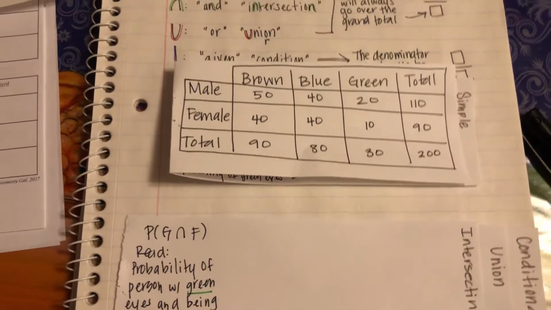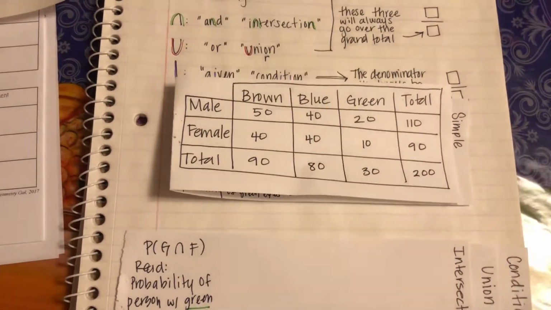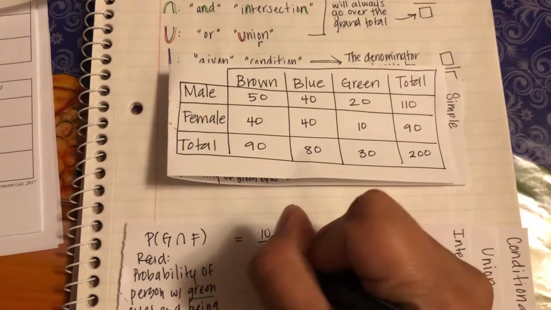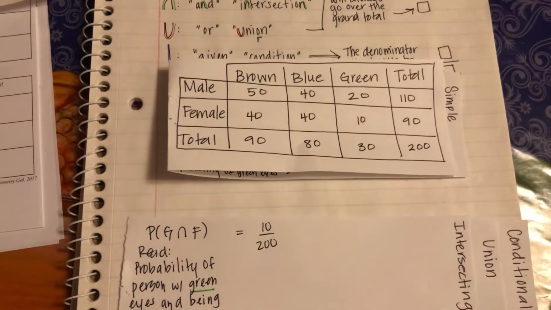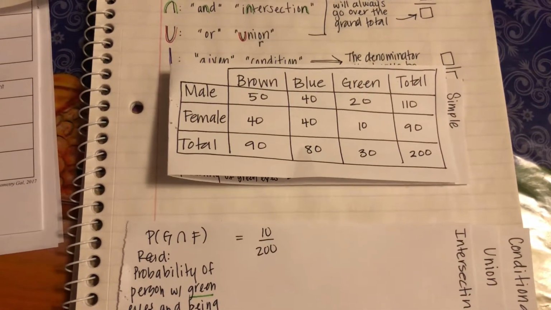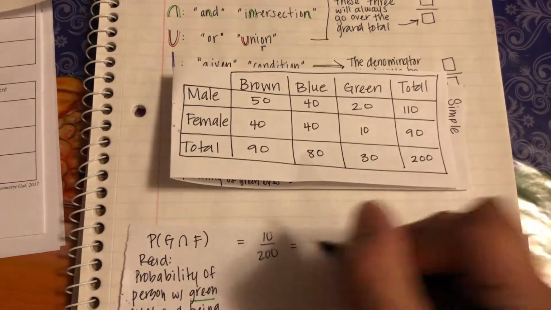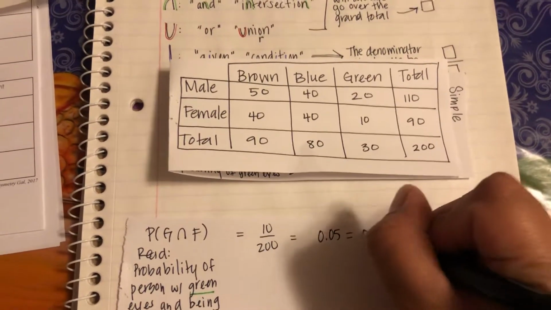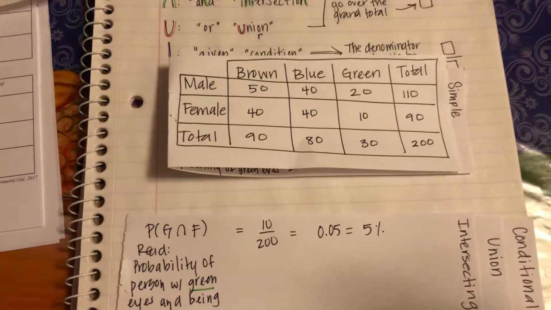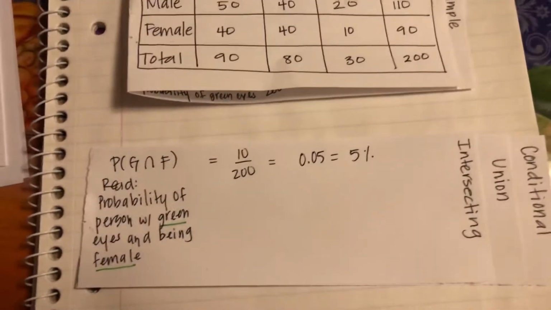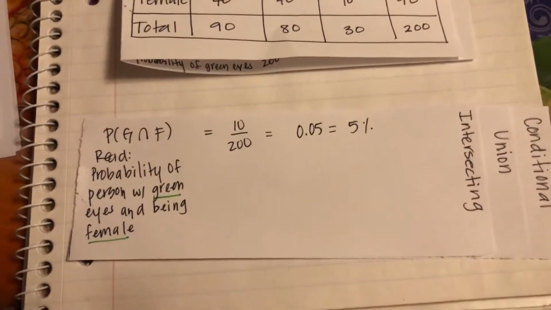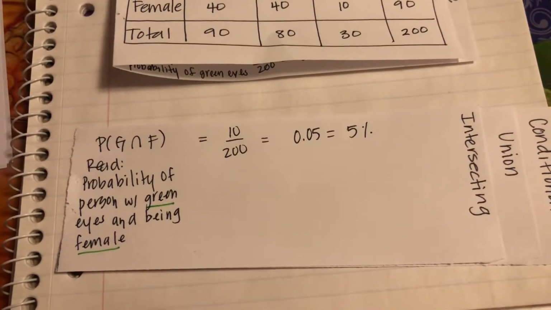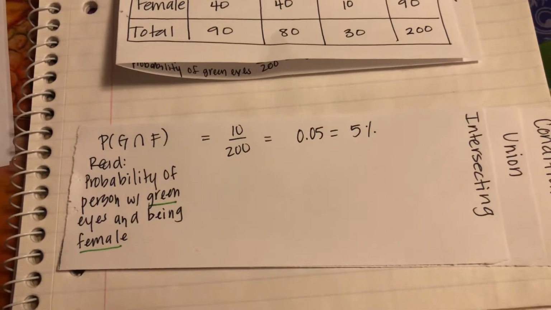So it would be 10 out of 200. If I put that into my calculator, I would have 0.05, which would be 5%. You might notice that I'm not doing the little approximation signs, but it's because it's an exact number because of the numbers that I'm using. If we had more to the decimal, then I would be doing it.